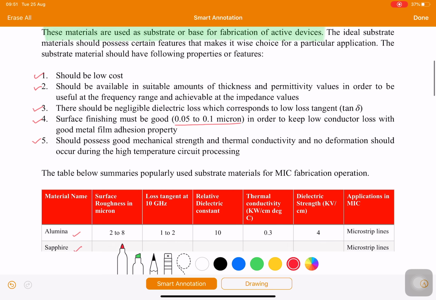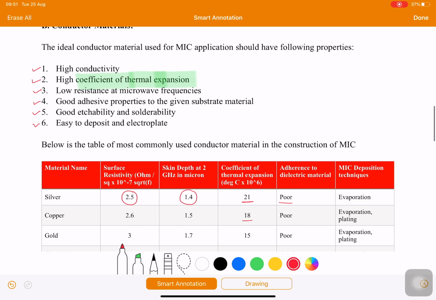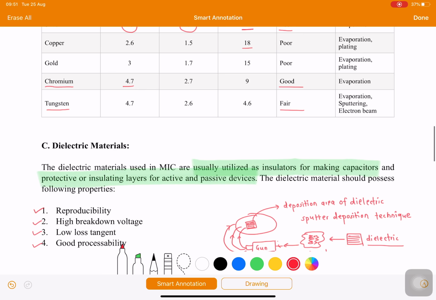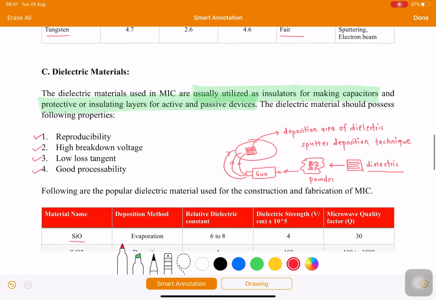Then we went over to the conductor materials, whose use is mainly to provide the conducting mechanism over the given integrated circuit in the form of printed circuit applications. The dielectric materials are normally utilized to form insulators and capacitors, and also as an insulating material for active and passive devices.